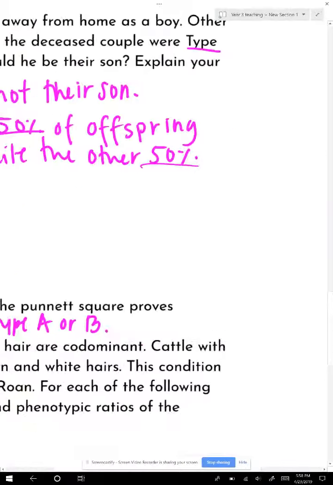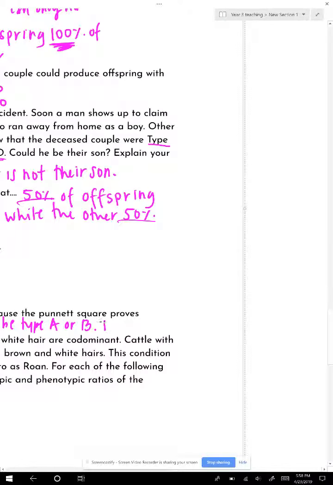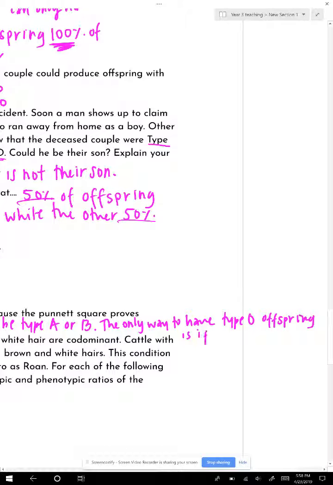I'm going to expand on it a little bit. The only way to have type O offspring is if both parents had an O allele, right?